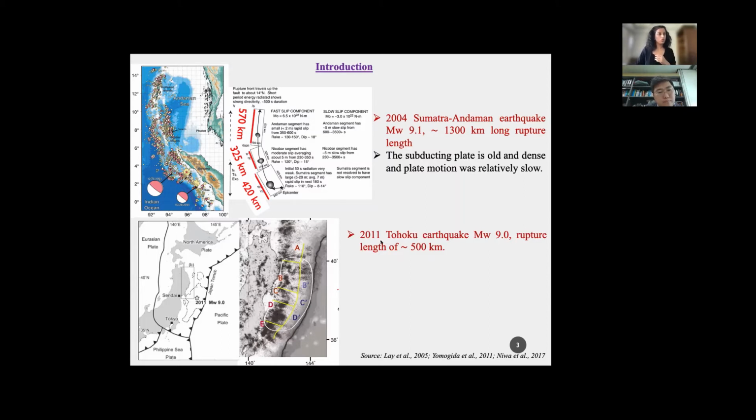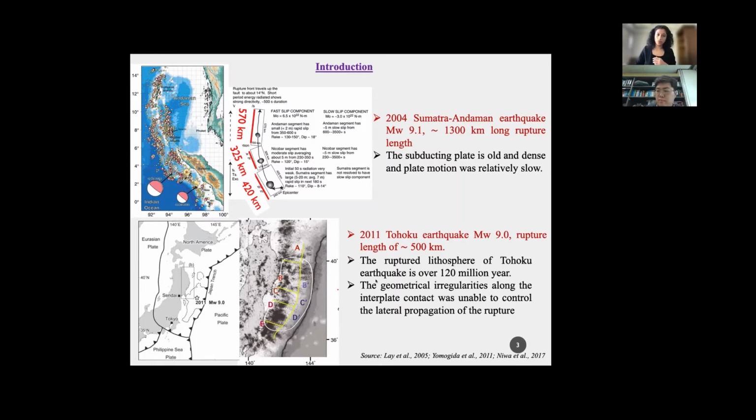But in the Tohoku earthquake, this whole arc got ruptured. Moreover, the ruptured lithosphere of the Tohoku earthquake is over 120 million years old. So we can say that the geometrical irregularities along the plate interface were unable to control the lateral propagation of the rupture during these two earthquakes.